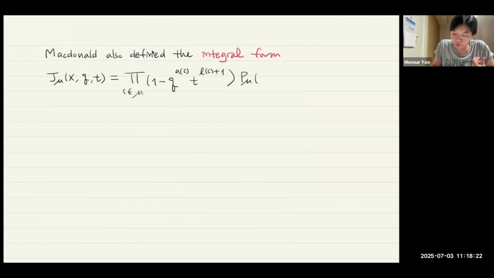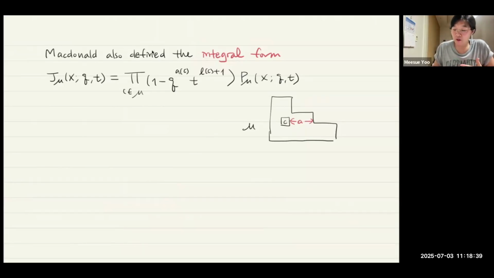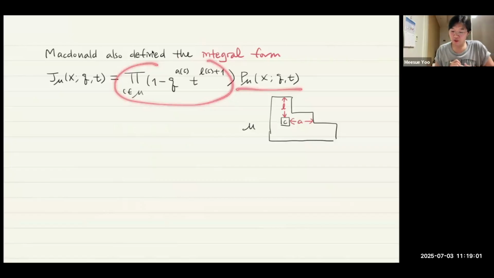For a cell C in mu, the number of cells to the right of C is the arm length of C, and the number of cells above C is the leg length of C. You compute those factors over all the cells within mu and multiply that to the original McDonald.